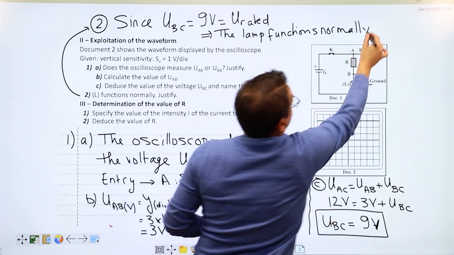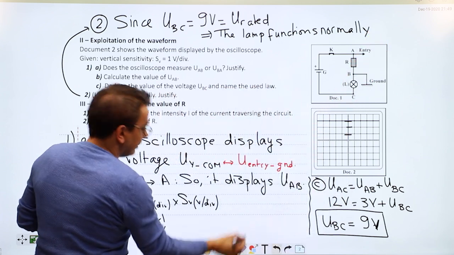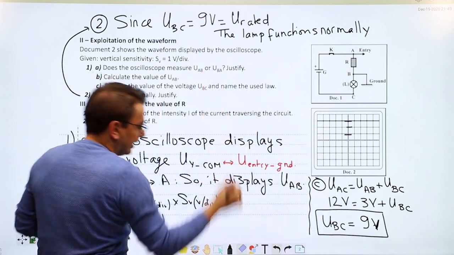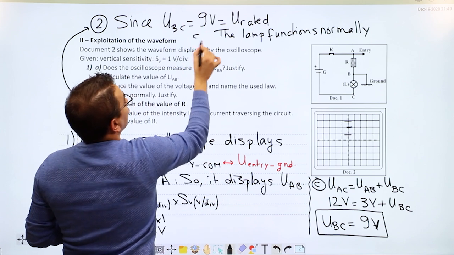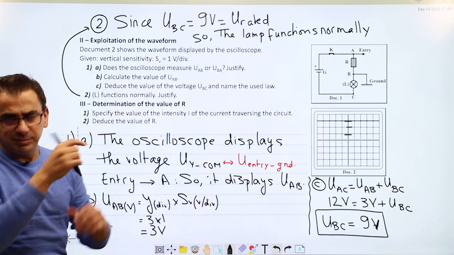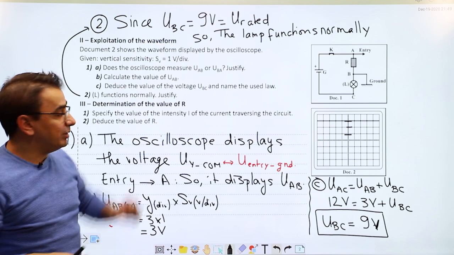A note only concerning the thus. I've used this symbol. Maybe you don't know it yet. So the lamp functions normally. You can simply keep it if you know what that symbol means.